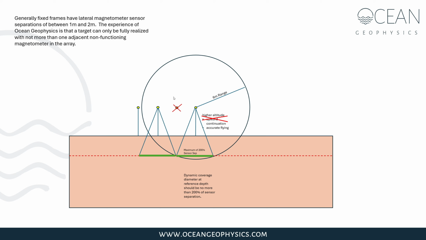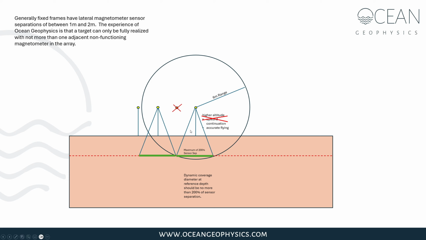Once you've removed this from your dataset, you can still realize the entire anomaly if your survey line has traversed directly over an object. Once you have two non-functioning sensors, you start to miss things, which is why we state that dynamic coverage diameter at the reference depth should be no more than 200% sensor separation. In that case, you just maintain full coverage with one non-functioning sensor.